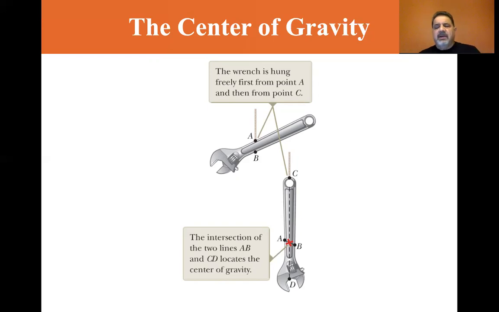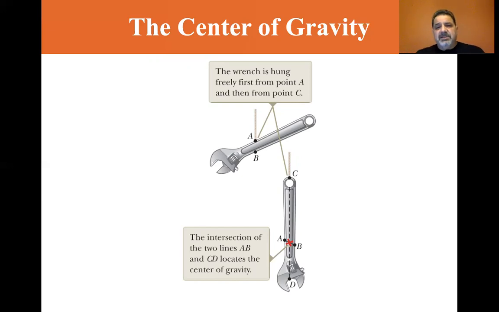But what if you have an odd shaped object like this wrench? Well, you can suspend it from different points, and if you draw a line vertically through the suspension point, where all of those intersect, if you do different suspension points, the intersection of the lines through the suspension points will give you the center of mass.